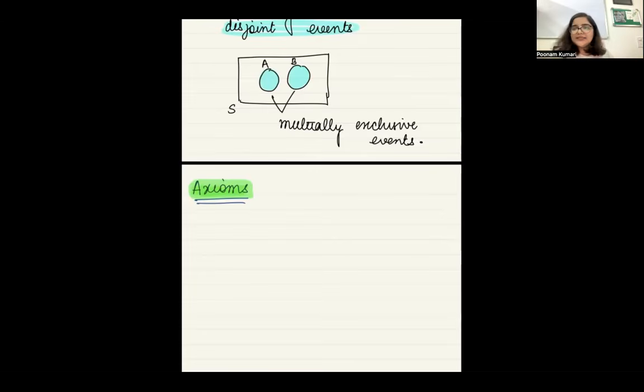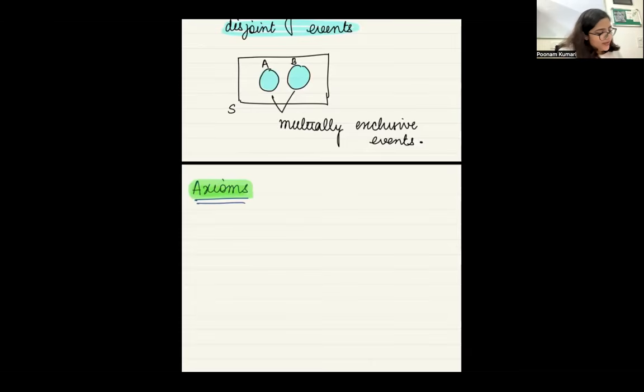So to study probability also, we have some basic assumptions, some basic axioms of probability. We have 3 axioms which we can't question why is that the case. Because if you start questioning that, we can't move forward and we can't study probability at all. So what are those 3 axioms of probability? We will be studying that.